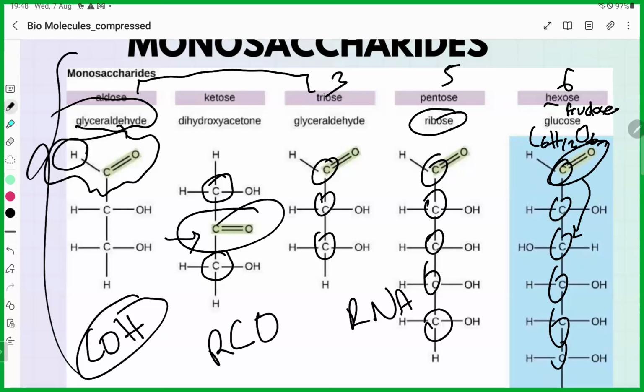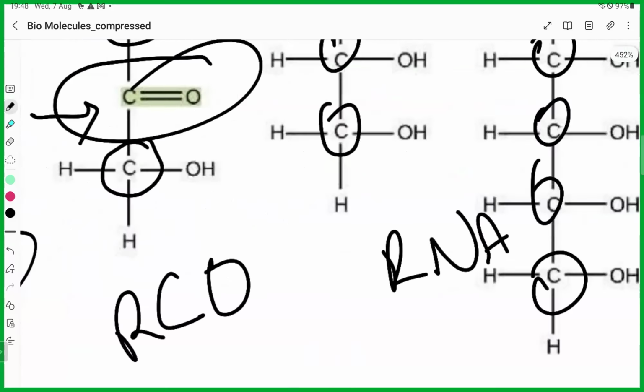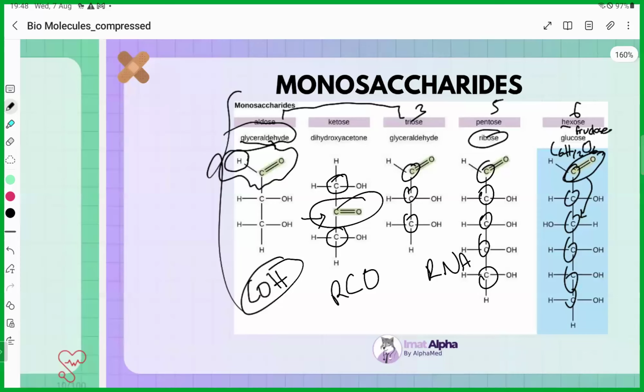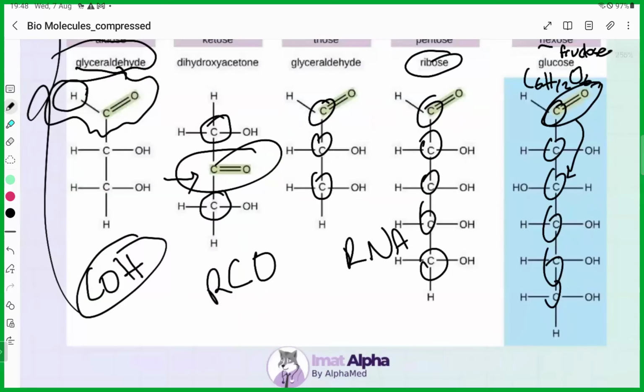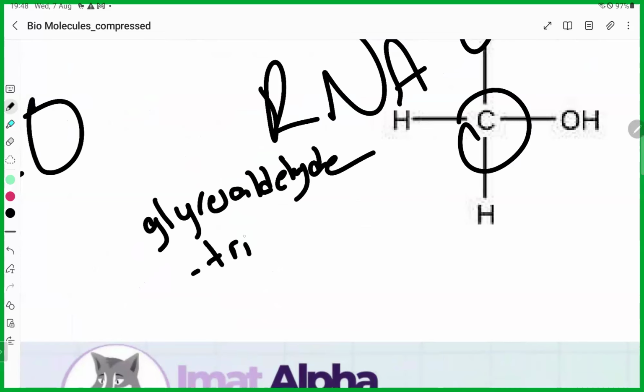Let's write here a note. Okay, so glyceryl aldehyde is a triose, is an aldose.